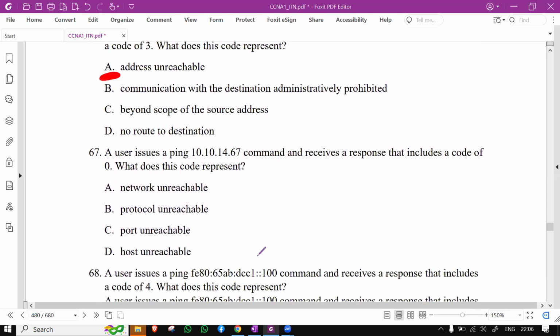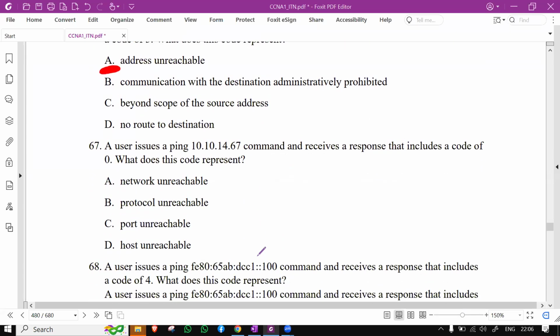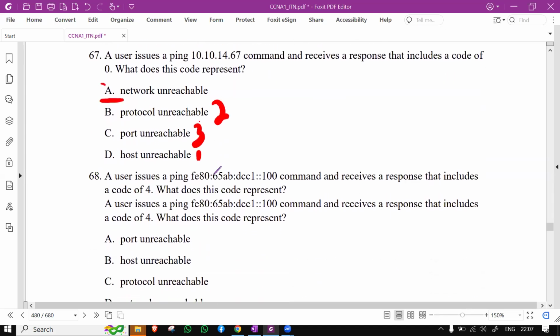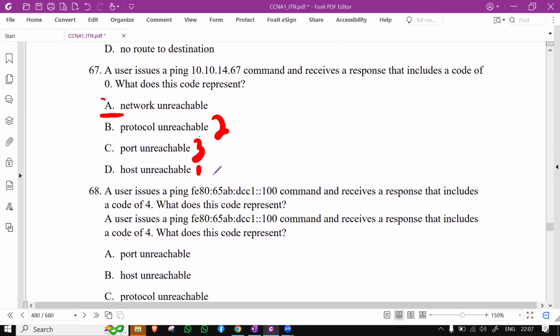Let's go, number 67. Ping code 0, network unreachable. Version 4 is easy. Protocol, so this is code 1, this is 2, and this is 3. At least for version 4, very easy.